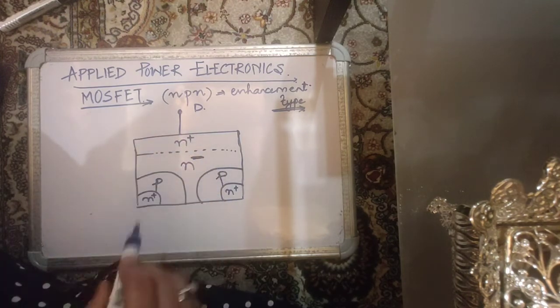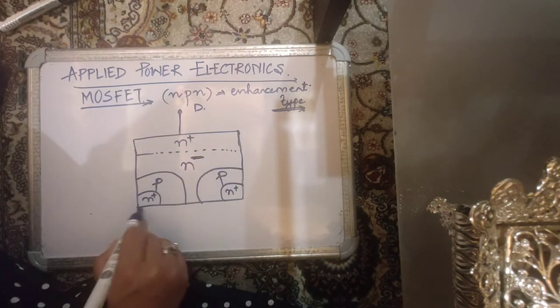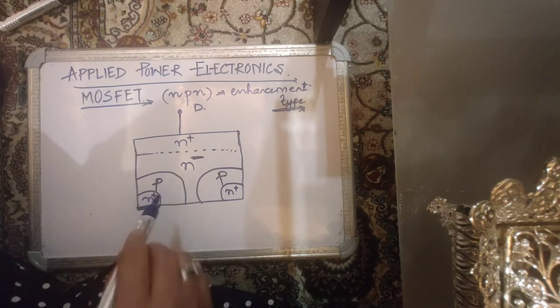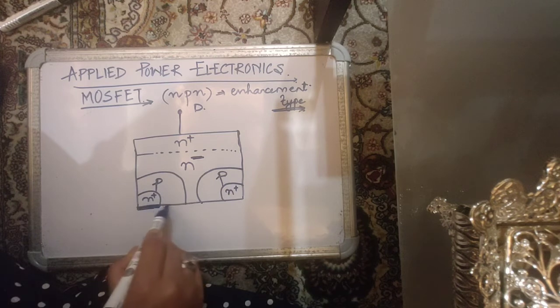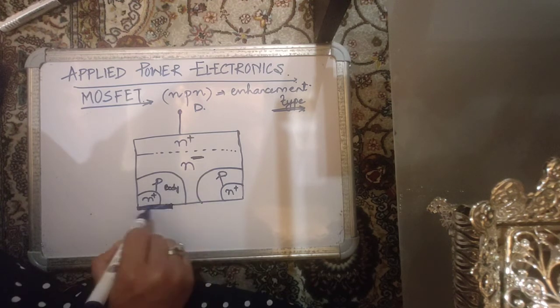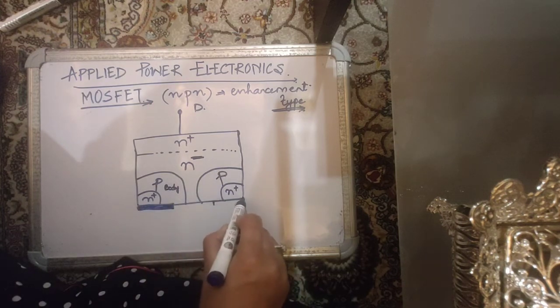Now this is your drain, and the N region over here is your source, and the source region is shorted with the body region, that is your P. The P is your body region. It is shorted, the body source short is present again.